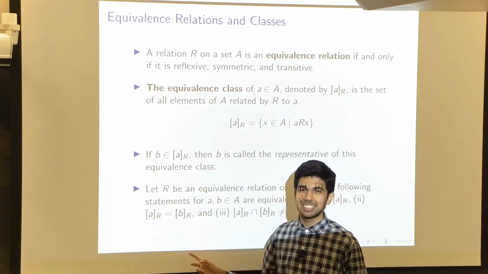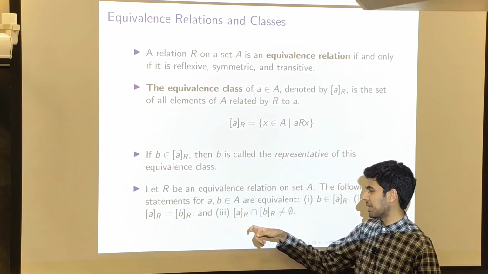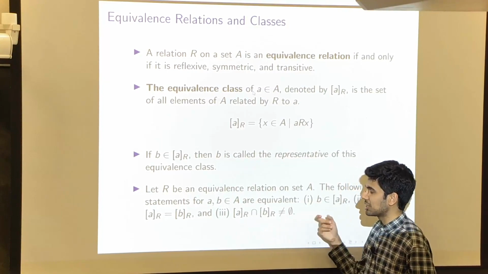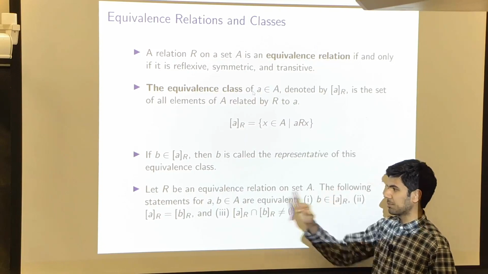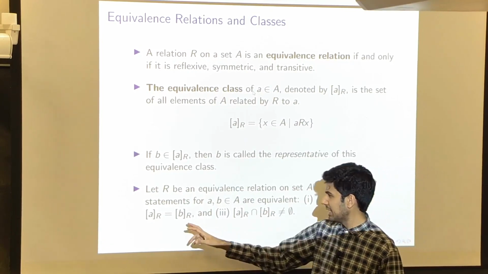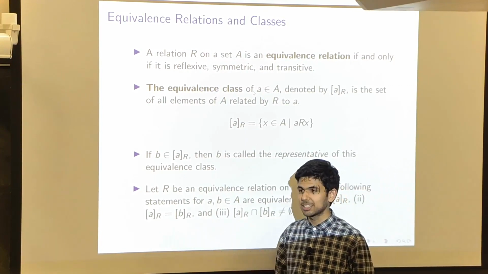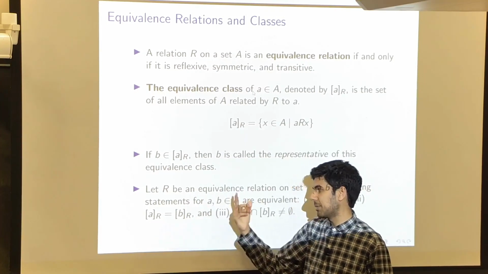Rather, they are the exact same sets. And that implies that the intersection of the two equivalence classes is not equal to the empty set. These are all bidirectional. So 1 implies 2, 2 implies 3, 3 implies 1, and so on. We can kind of see why 2 implies 3 because equivalence classes are non-empty collections. So each one of these has some element.